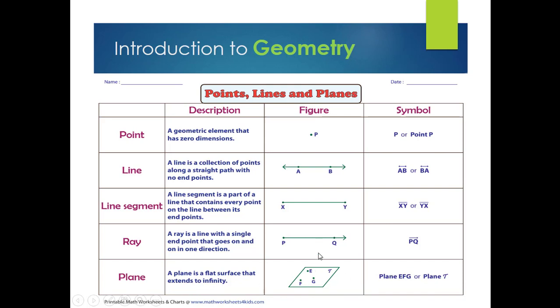So this is how I can draw it, and this is how I can represent it. I can say plane EFG, or I can write plane T. So I have two ways to name the plane, EFG or the plane T.